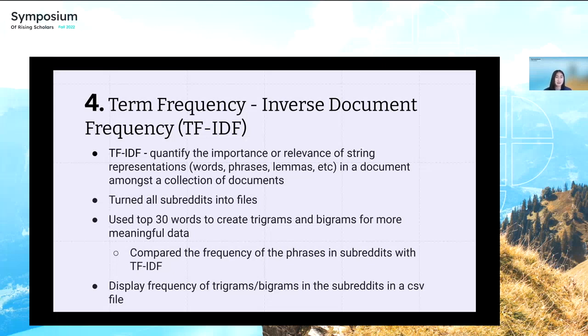Then I displayed the frequency of those trigrams and bigrams in the subreddits in a CSV file for every single word. So that was 30 files in total.